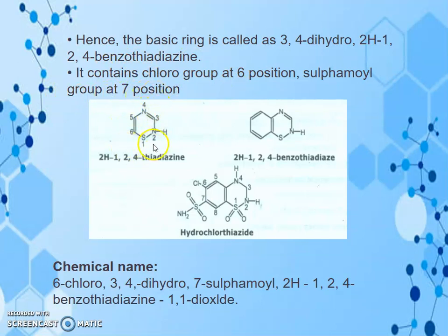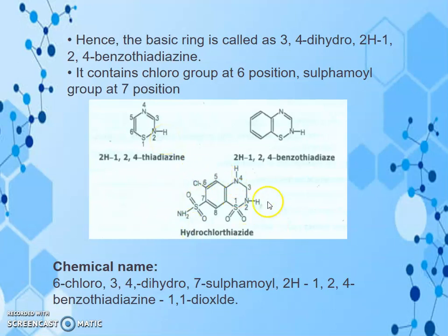This is the structure showing 2H-1,2,4 thiadiazine. That means in this, at one position there is the presence of the sulfur element, then at the 2 and 4 positions 2 nitrogen groups are present, and position 2 is saturated.